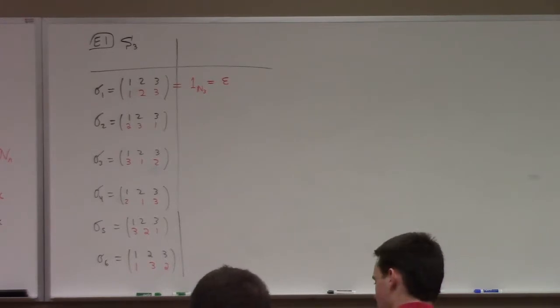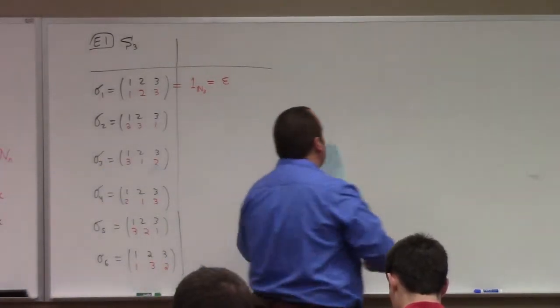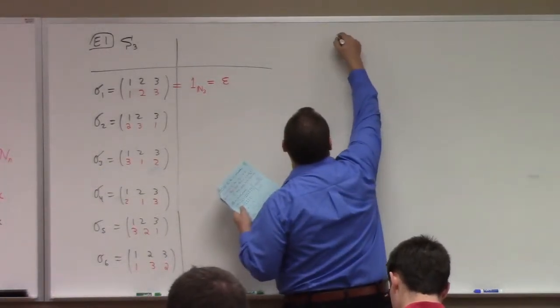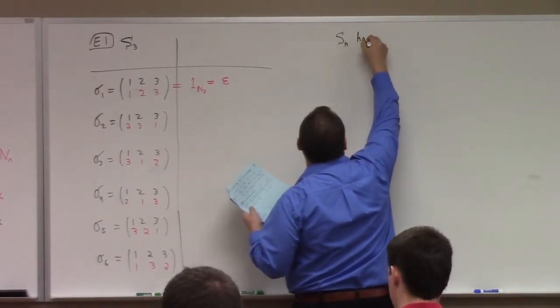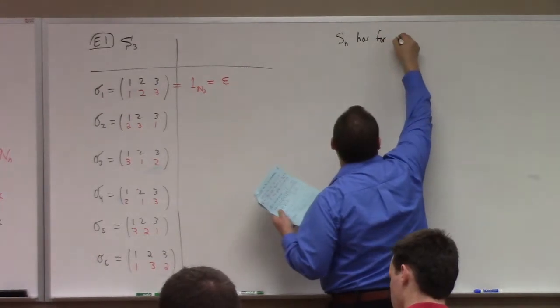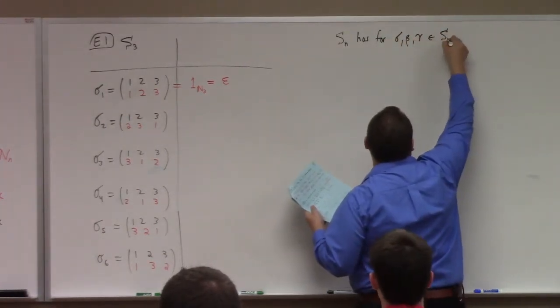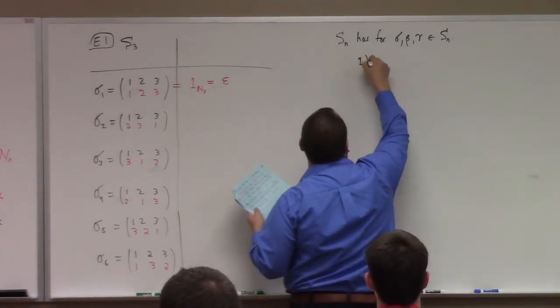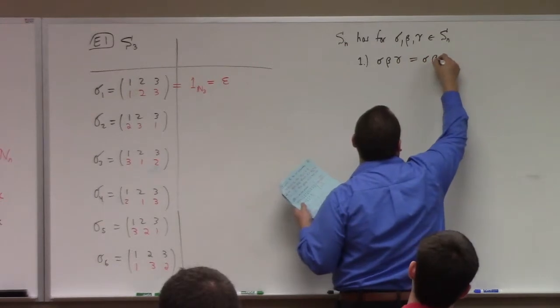What are the most important things to notice about Sn? Let's just pause to smell the roses a bit. Let sigma, beta, and gamma be in Sn. By properties of chapter 0, sigma composed with beta composed with gamma is associative.